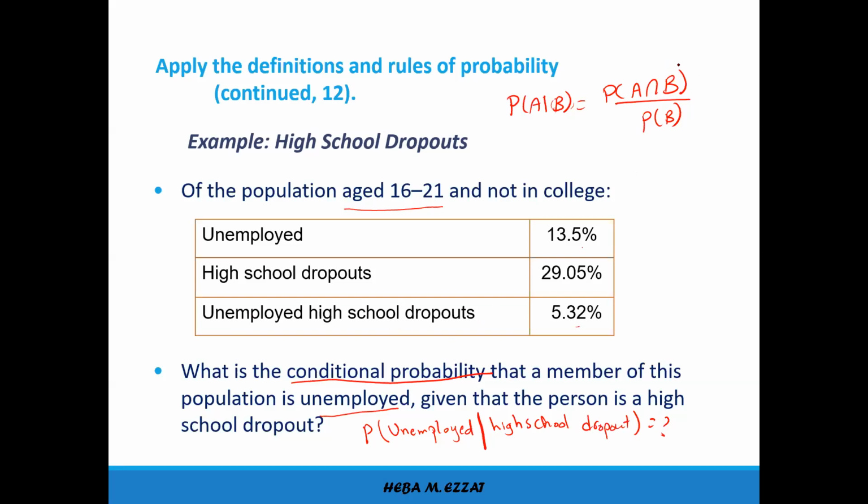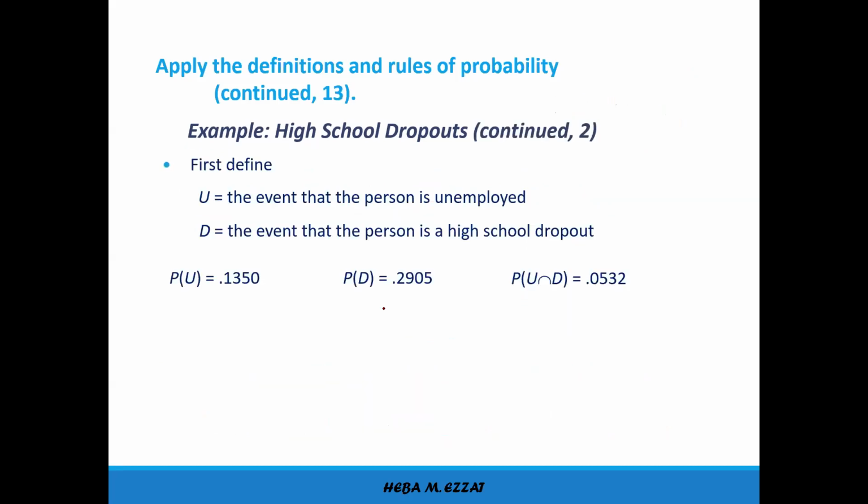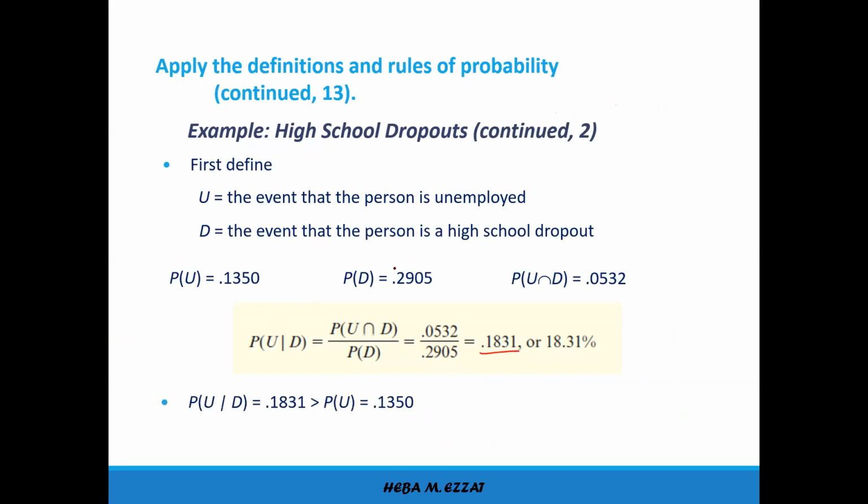So this is the intersection probability. It's 0.0532. Okay, excellent, all of you. So here we just apply the rule. It's the probability of unemployed given a dropout of high school. We divide their intersection by the probability of the dropout. So we get that the probability is 0.18 as you have reached.